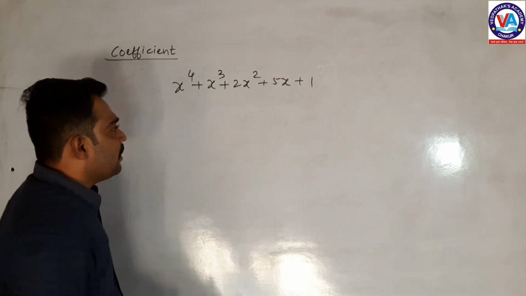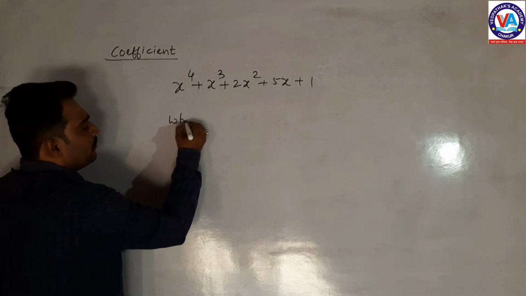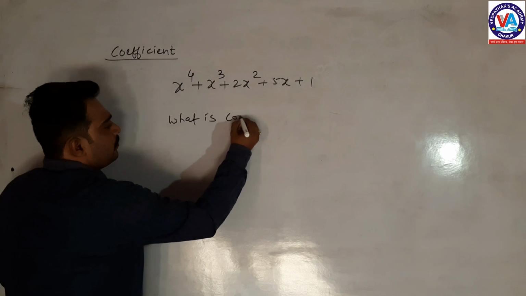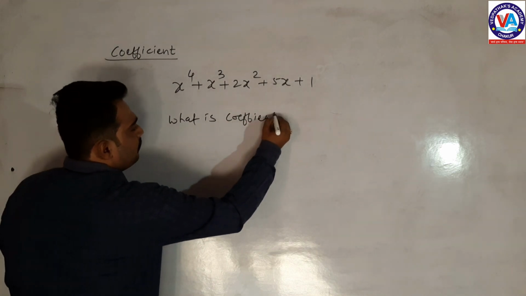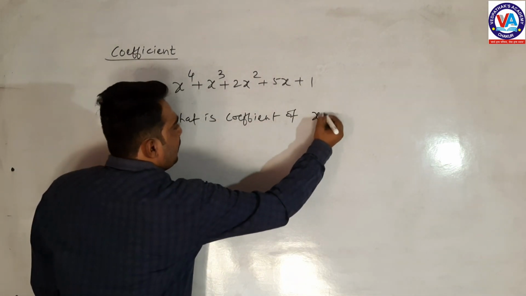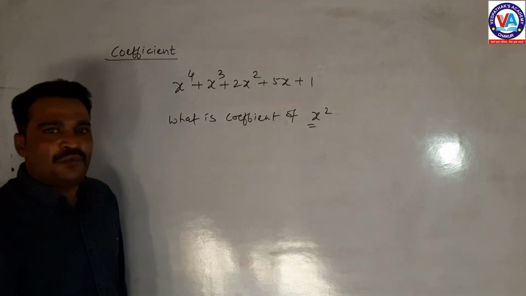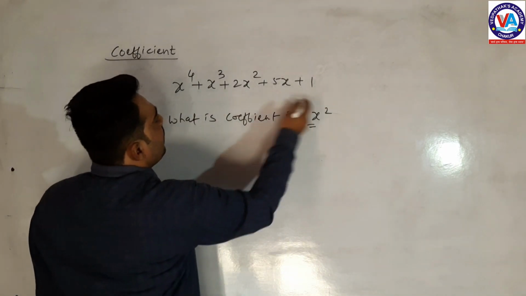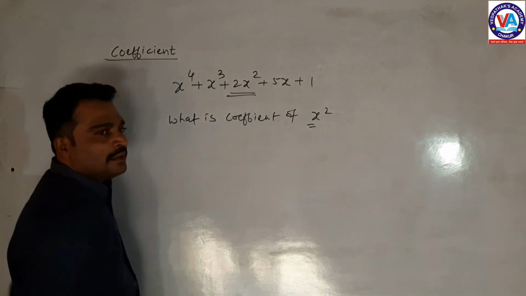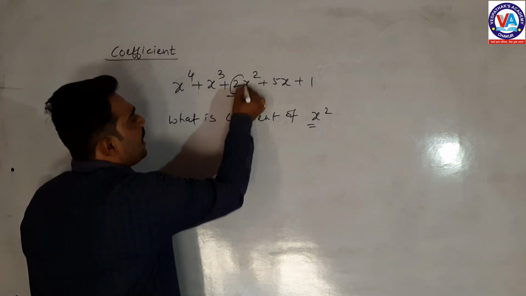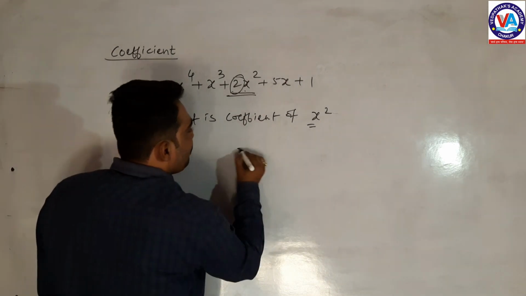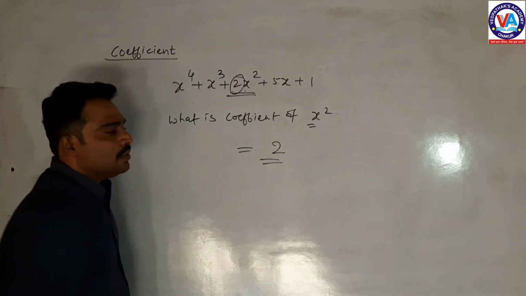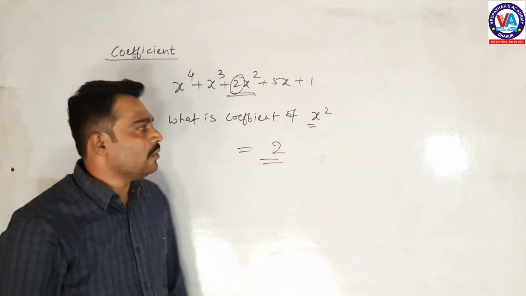And मी तुम्हाला म्हटलं what is the coefficient of x square? What is the coefficient of x square here? See, where is x square? x square ची टर्म कुठे इथे आहे? x square ला सोडून सोबत काय आहे? 2 आहे. So what is coefficient of x square? It will be equal to 2.